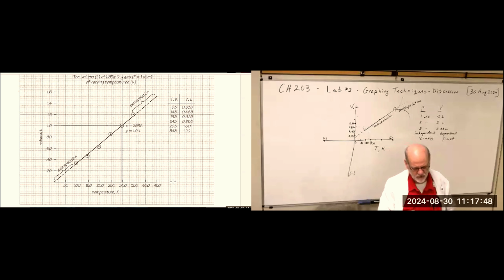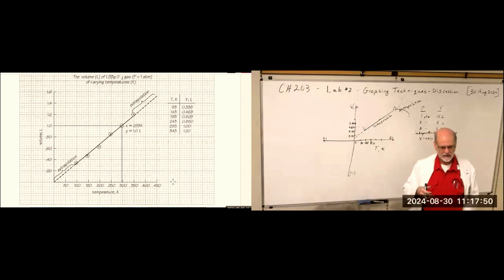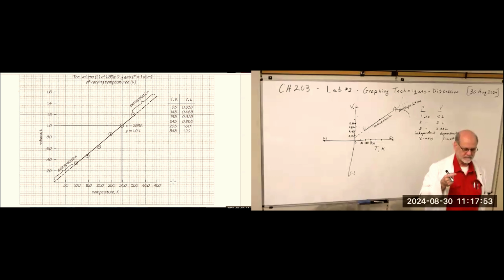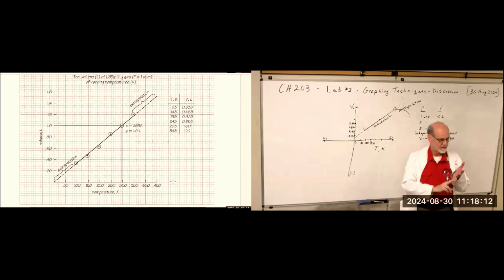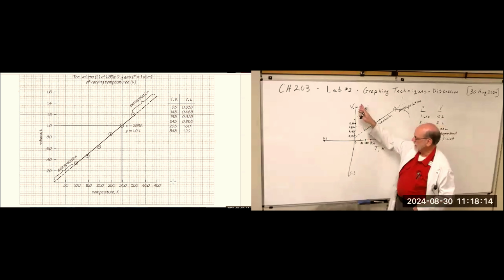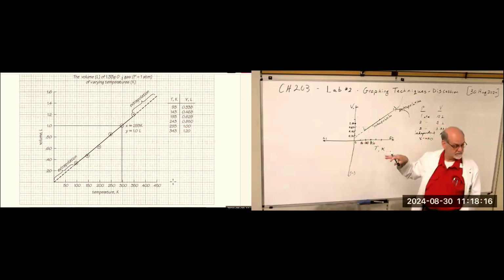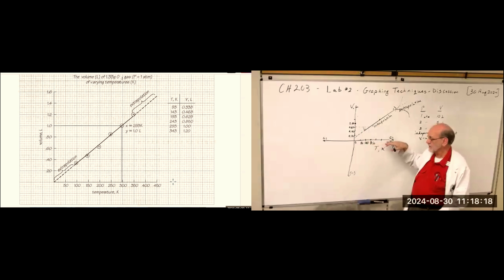Notice the other things about this graph. When you draw your graph, the first rule in producing a graph is the graph must stand on its own hind legs. It's got to stand alone. It's got to be interpretable by any reader outside the text that's around it. So it has to have a title to say what it is. It has to have a system, in our case, a Cartesian system.